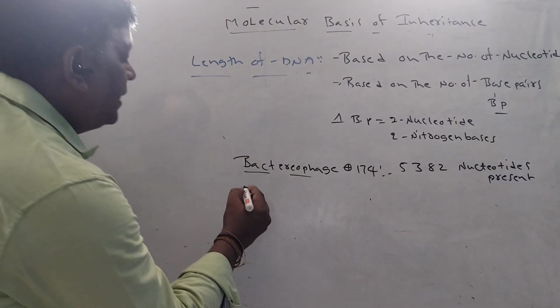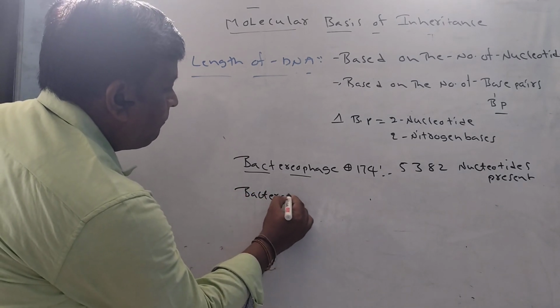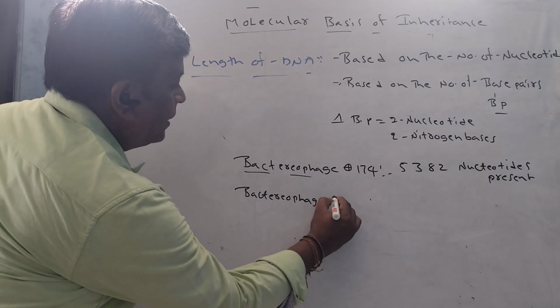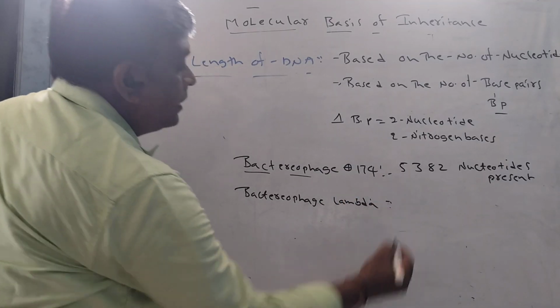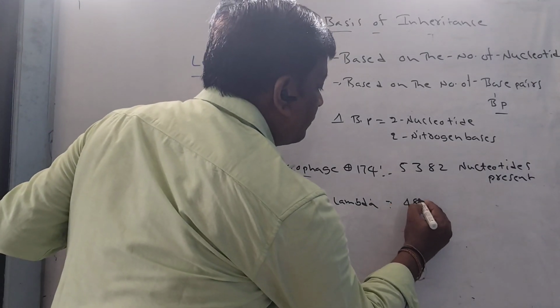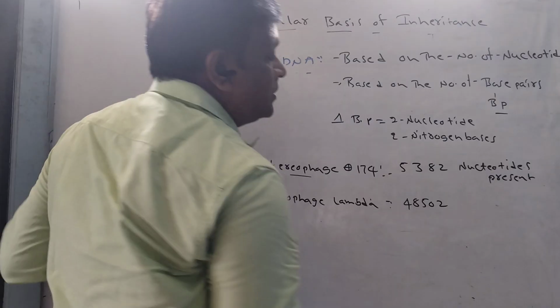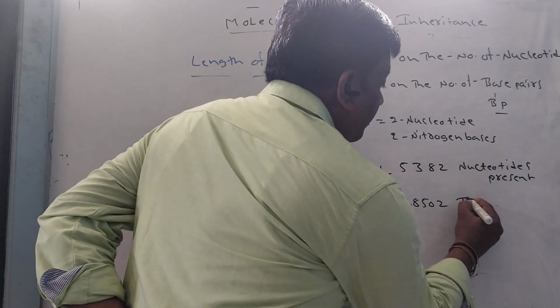And the bacteriophage lambda has 48,502 base pairs present, not nucleotides.